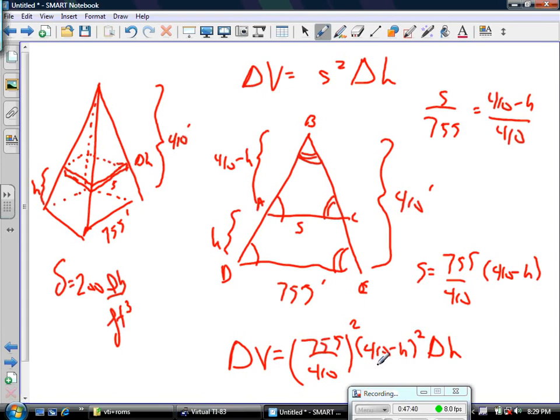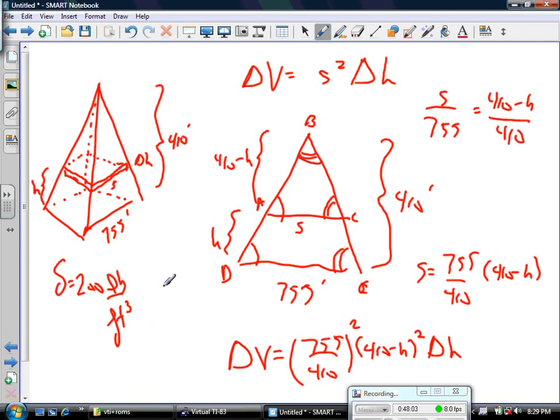Give me units. H is in feet. I'm squaring feet. It's cubic feet, yes? What if I take cubic feet and multiply by pounds per cubic feet? What do you get? Pounds.